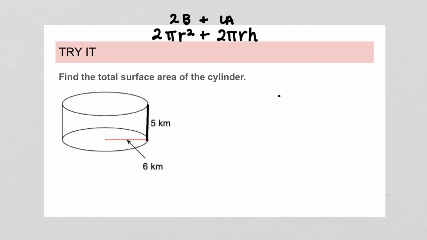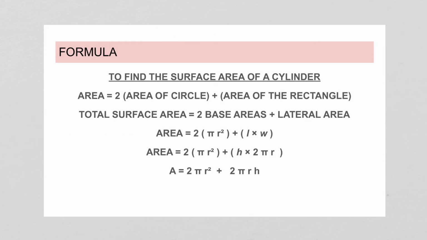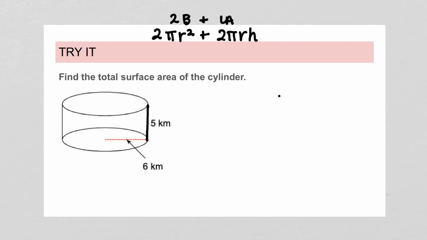So that's all just with r's and h's. Let's make r red, and let's make my height blue. Now let's just plug some things in and see what we get.